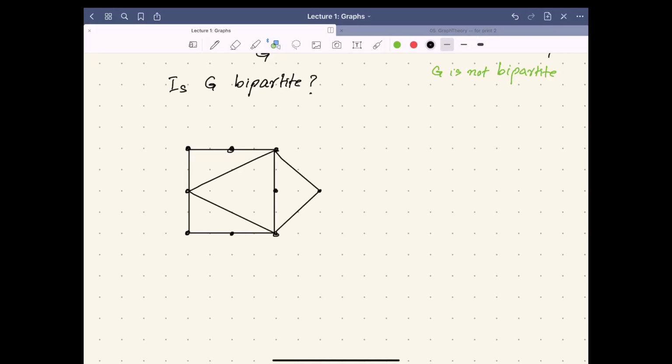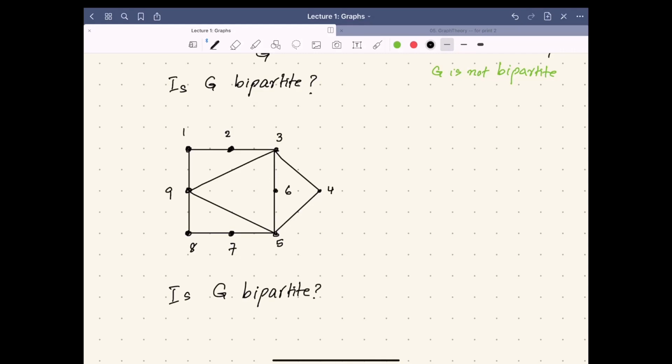Okay, we will now give them labels. So I will simply give them 1, 2, 3, 4, 6. This is 5, 7, 8, and 9. So the question is: is G bipartite?